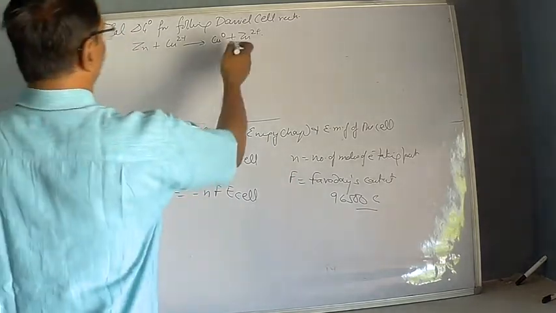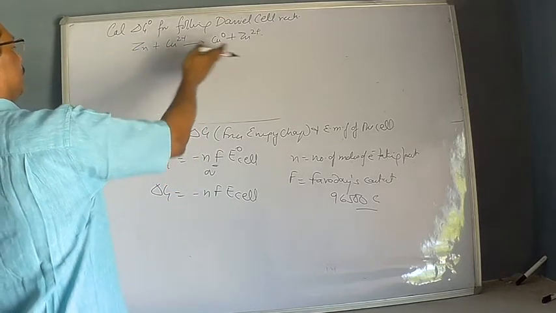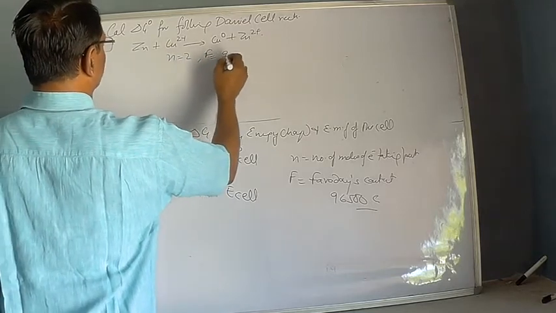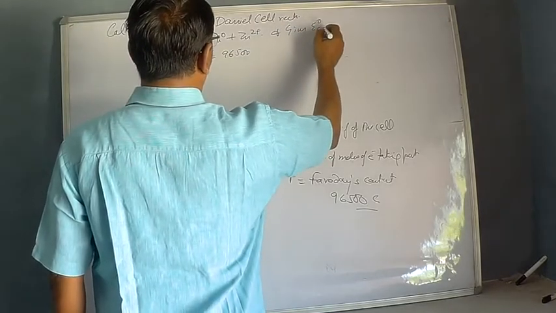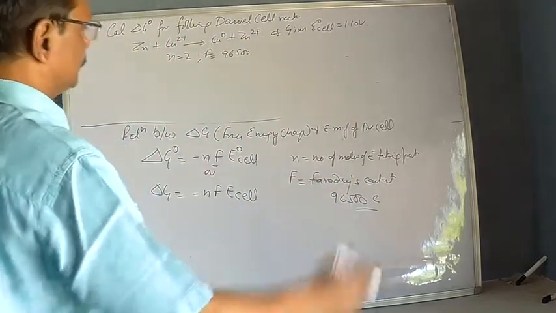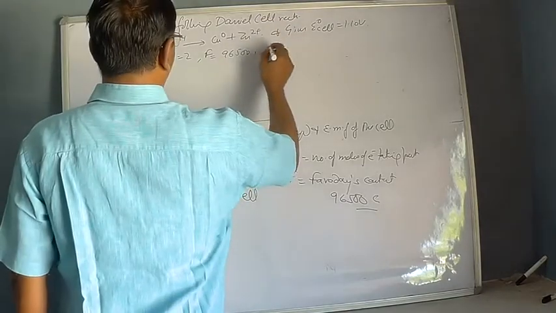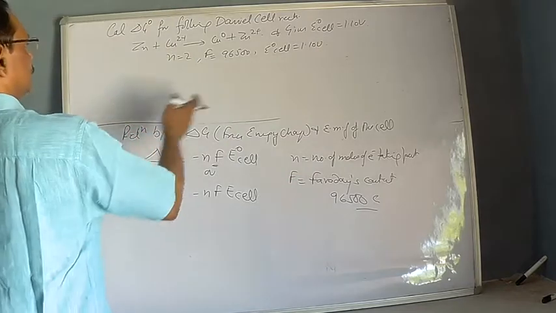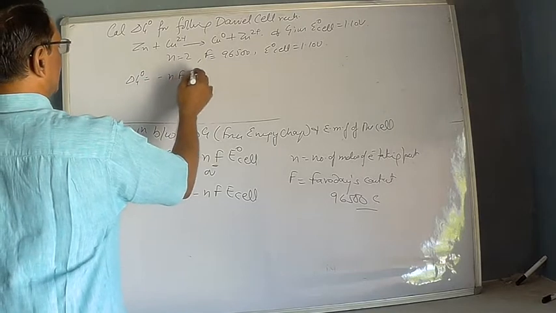Class, we all know that the number of electrons taking part is very well being observed over here. Zn is giving 2 and copper is consuming 2. So n is 2, Faraday is 96,500 and E0 cell has been also given to you 1.10 volt, and if it is not given, then reduction potential values will be given to you. You can very well calculate it. So E0 cell is 1.10 volt. I'll use my standard conditions. Delta G0 equals to minus nFE0 cell.